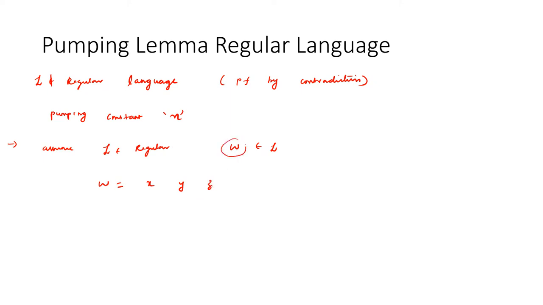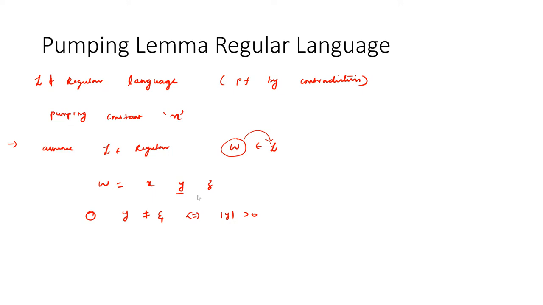That is, a string W accepted by any regular language can be broken into three parts X, Y, Z, such that the middle part Y is not equal to epsilon, or equivalently the length of Y is greater than 0. There must be three parts.